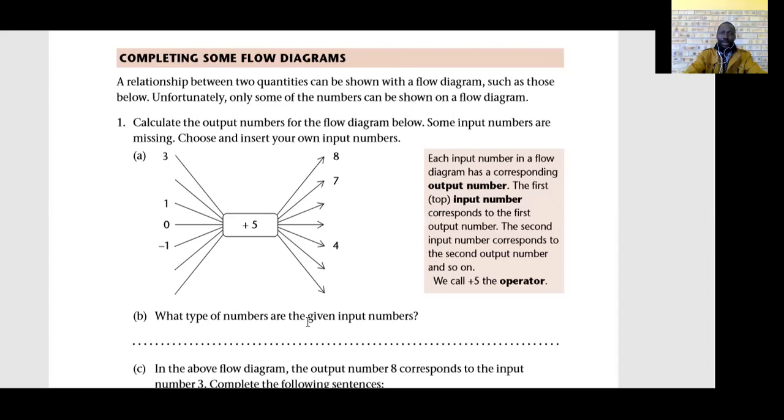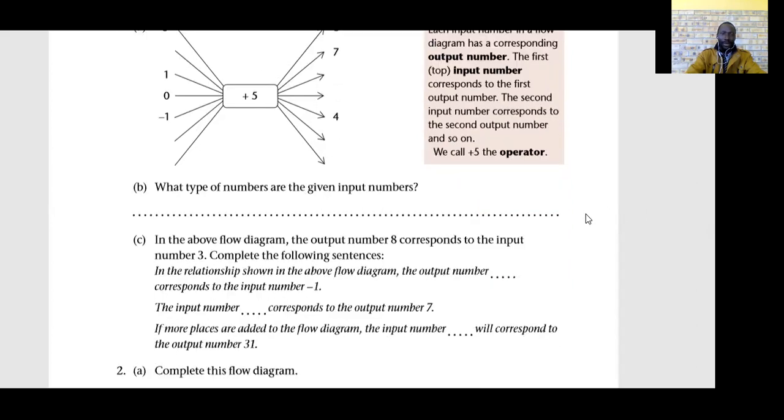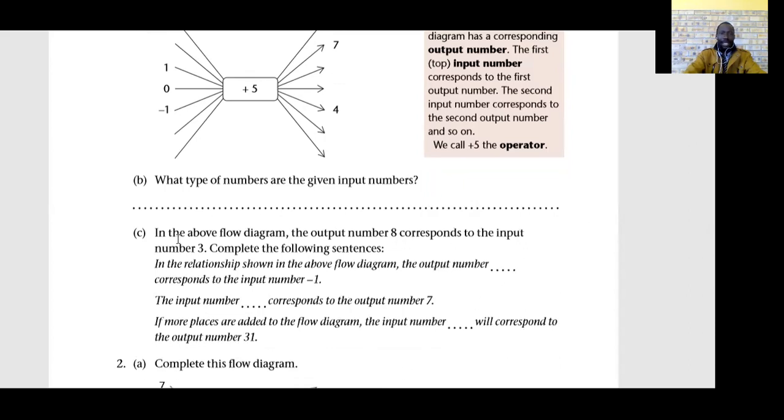Well, what type of numbers are given in the input? These are called integers. The type of numbers are known as integers. They can either be positive numbers or negative numbers. Well, what's the next question then? In the above flow diagram, the output number 8 corresponds to the input number 3, complete. We did that already.